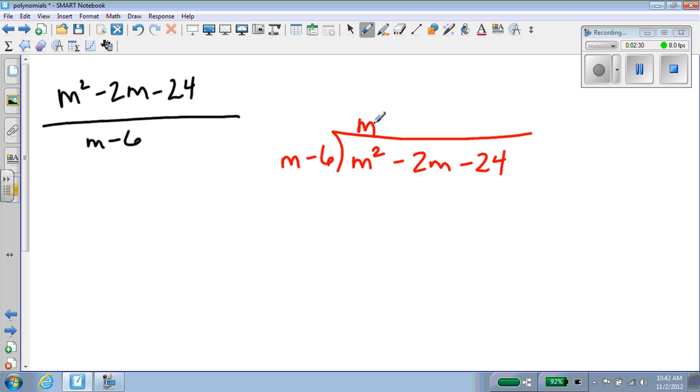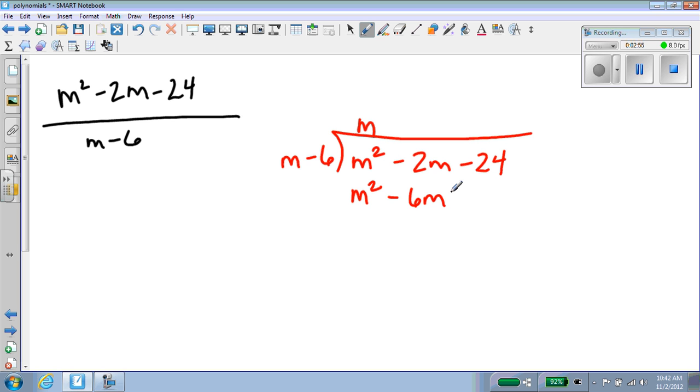Another way to say it is, what would I multiply m by to get m squared? I would multiply it by m. And then each of these is multiplied by m. So I get m times m squared, m times negative 6, minus 6m.